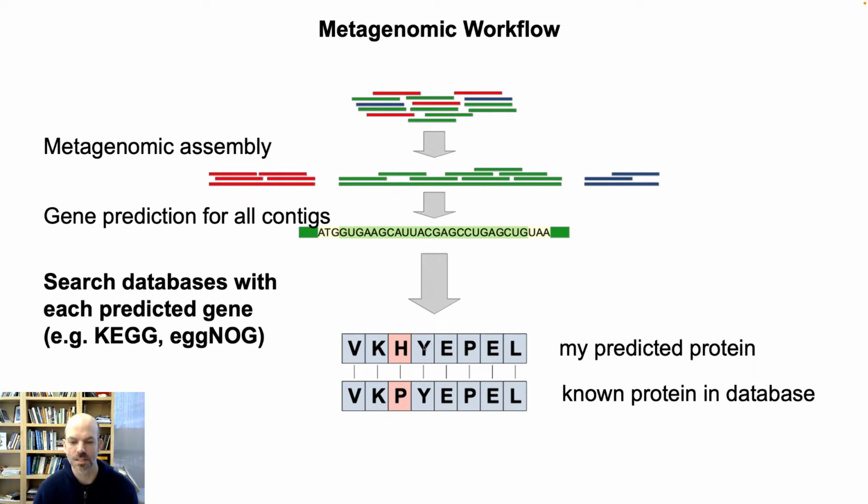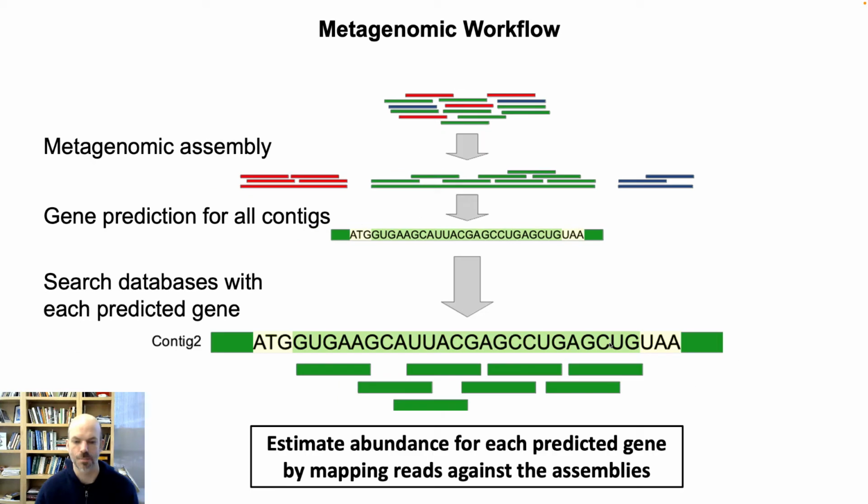We submitted that as a query to a database, and it found a protein sequence that was very similar, although not identical, to an entry in the database. If this protein is known to be associated with a certain metabolic pathway, we're now reasonably confident that our protein is also associated with that same metabolic pathway.